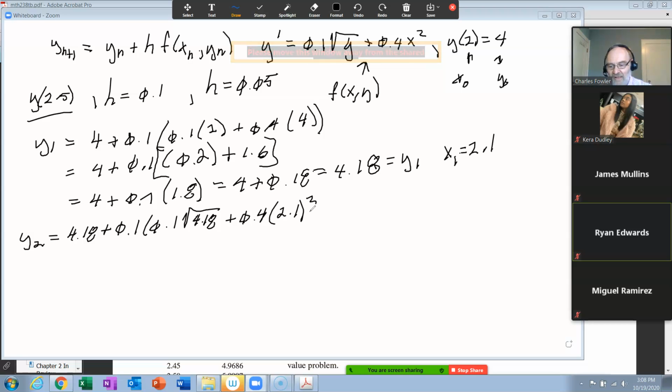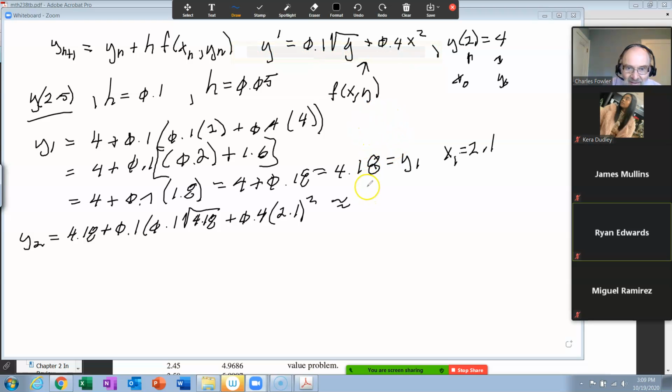Okay, plus 0.4 times 2.1 squared. Close parentheses, and I think I press equal. Yes! Okay, so that gave me a y2 of about 4.3.